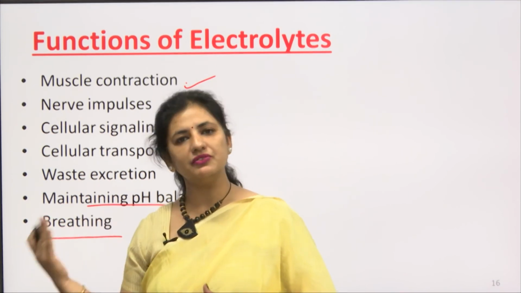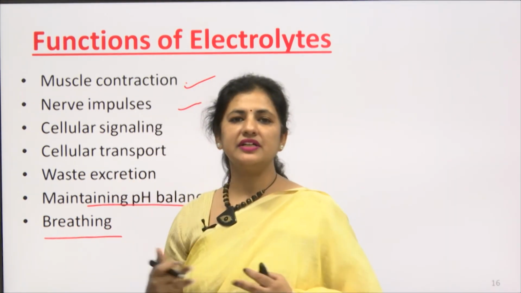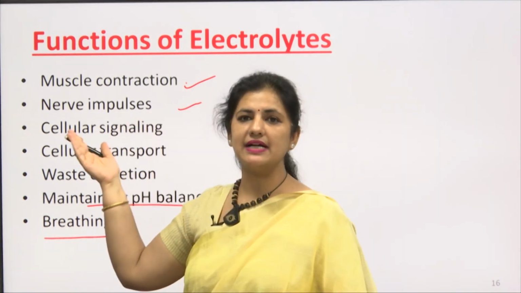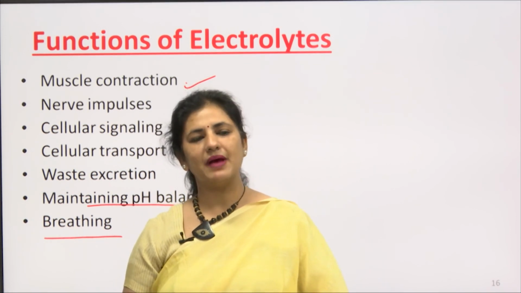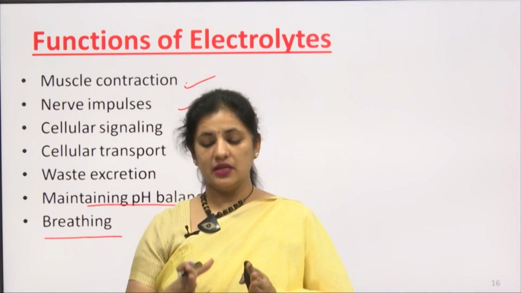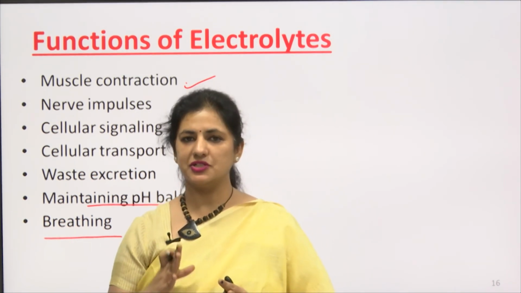So, this was just one of the electrolytes we studied today. Besides this, we are going to study the different electrolytes which again play a role in muscle contraction, in the nerve impulse, in cellular signaling, in cellular messaging, in maintaining the pH balance, and in breathing as well as cellular transport.